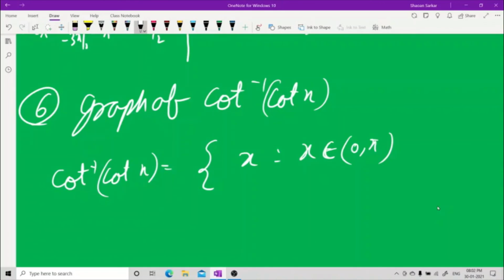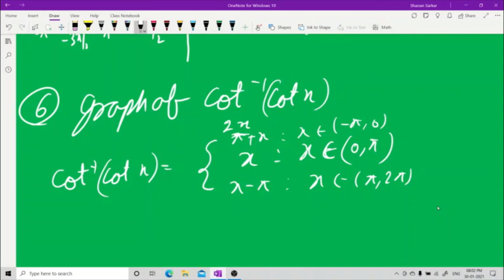Then this will be x minus pi for x belonging to pi to 2 pi. And similarly, this will be pi plus x for x belonging to minus pi to 0, and this will be 2 pi plus x for x belonging to. Wait a minute, I made a mistake. Let me rewrite it again. Let's bring it a little down.